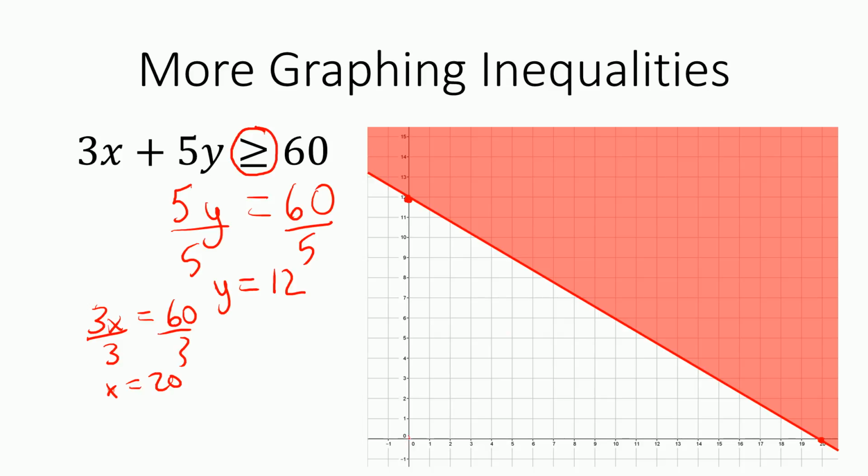I could try this point right here. It's an easy point to work with. That's 0, 0. I could plug it in to see if that point makes the inequality true. 0 plus 0 greater than 60. Is 0 greater than 60? No, so I shade the other side. So that's it for graphing and working with linear inequalities.